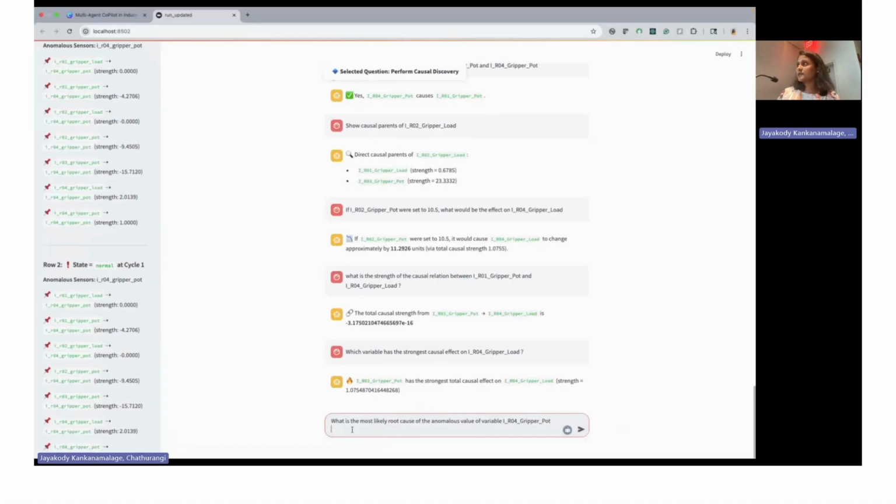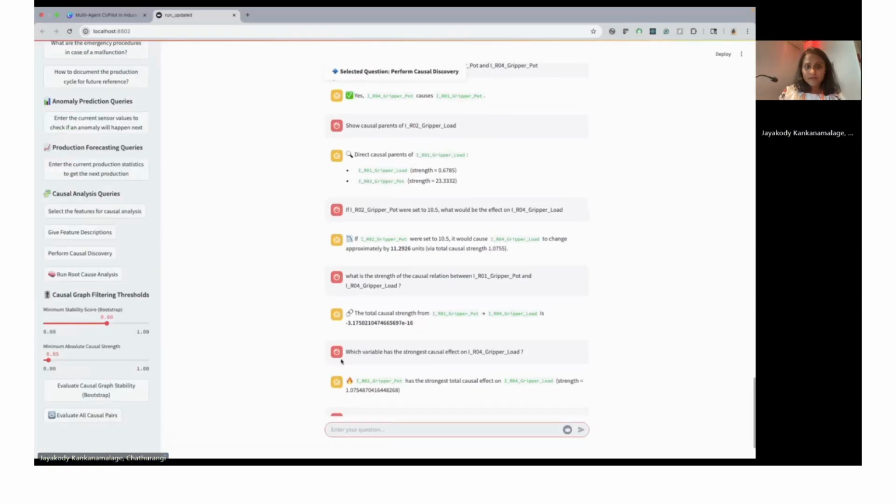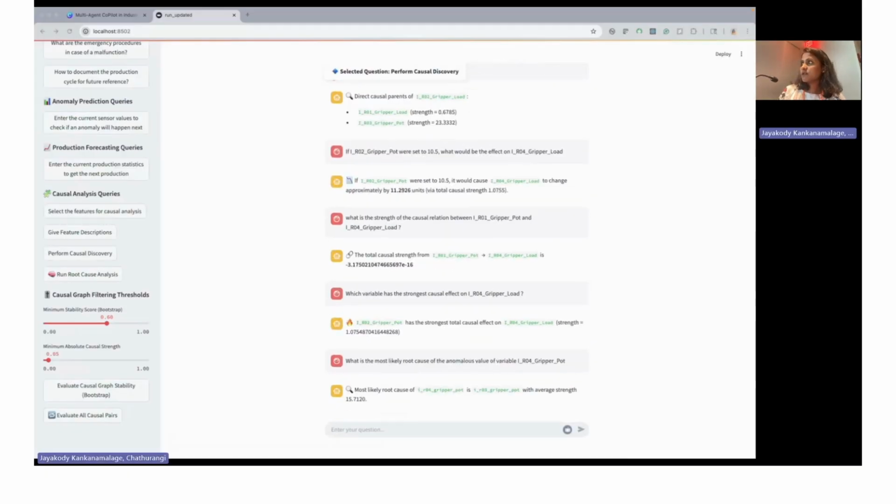And then he can answer a range of questions related to root cause analysis, like what is the most likely root cause for this particular variable if there is an anomaly. So he printed that the most likely root cause is this particular variable along with the strength.